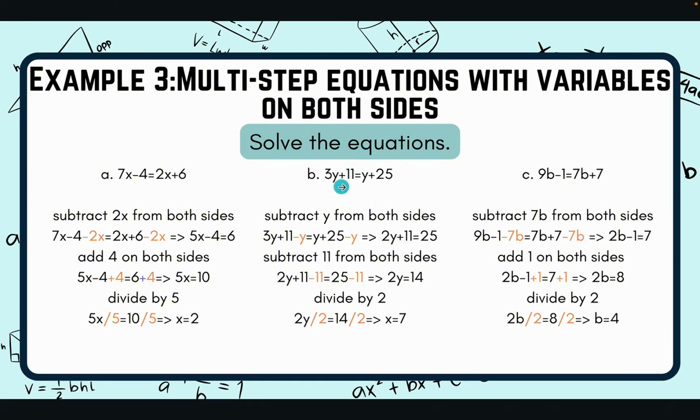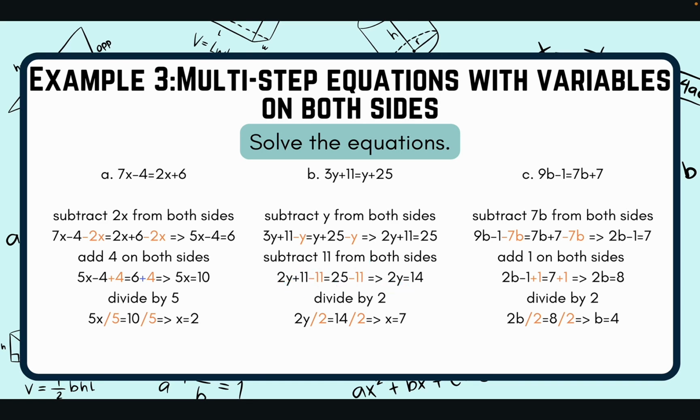B, 3y plus 11 equals y plus 25. You subtract y from both sides, since y has an invisible plus in front of it. 3y plus 11 minus y equals y plus 25 minus y. And that is 2y plus 11 equals 25. And then you subtract 11 since it is plus 11. So it is 2y equals 14.